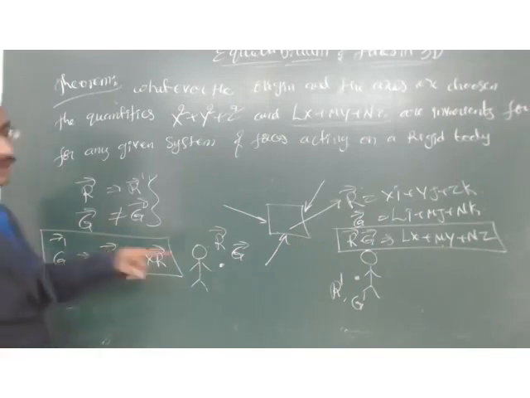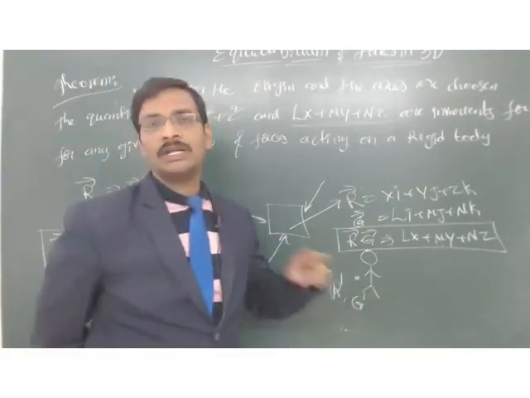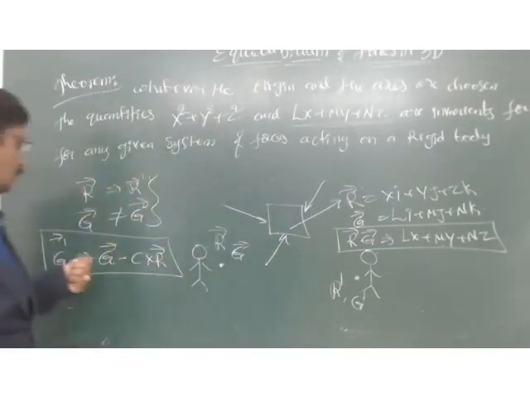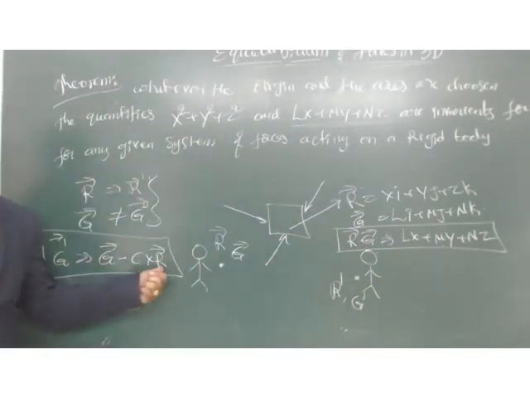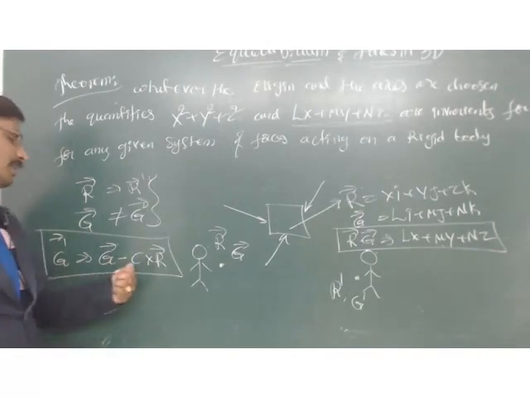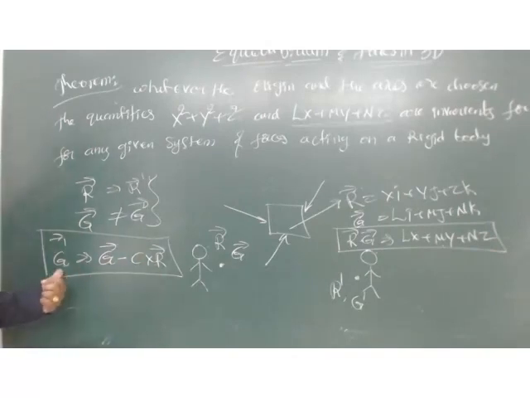The way you look at it, if it is different, the moment is going to change. And we have quantified that moment as equivalent to G minus C cross R, where G is the moment when the origin is at O, and G minus C cross R, which is nothing but G dash, is the moment when the origin is at O dash.